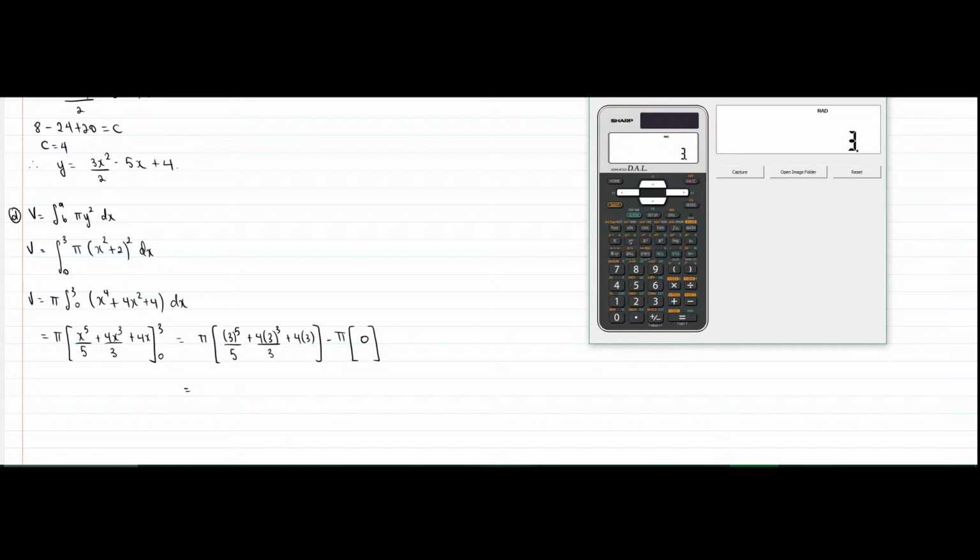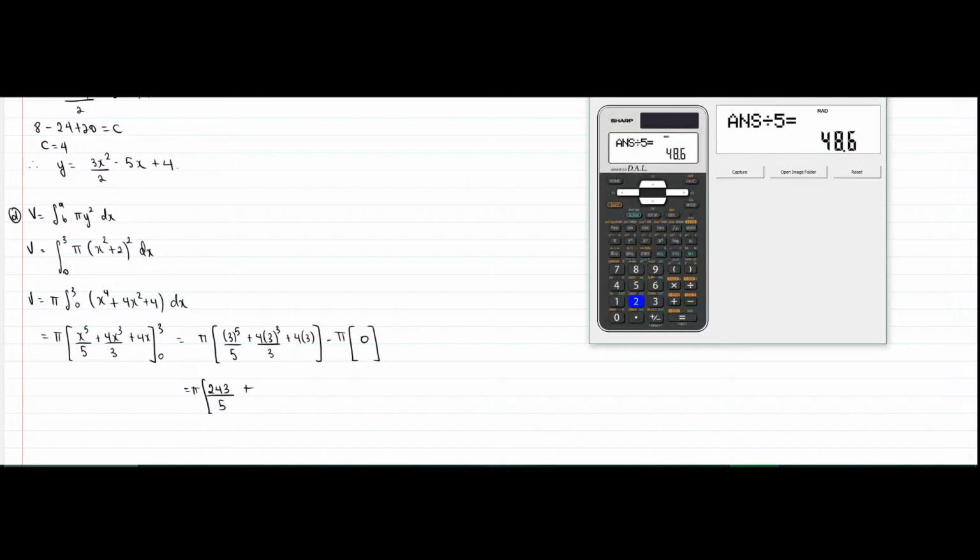3 to the power 5 is 243 divided by 5. Okay, I'll leave it at that. 243 over 5 plus 3 to the power 3 multiplied by 4, 108 over 3, plus 12.